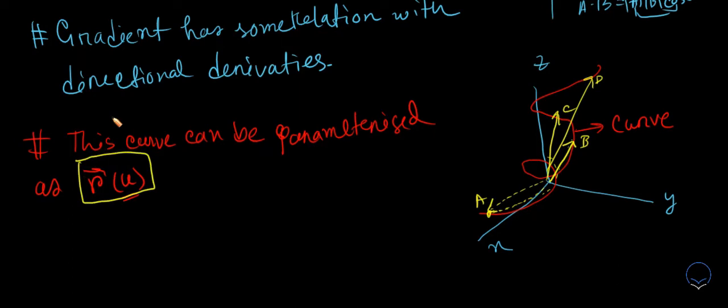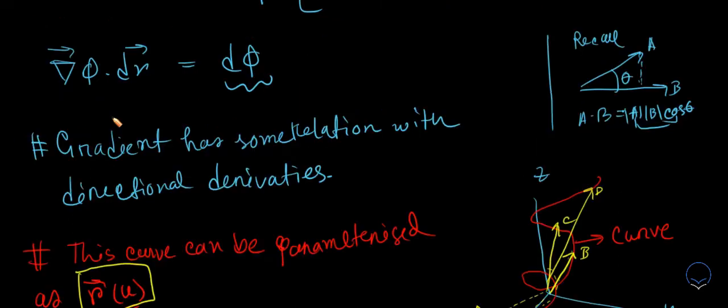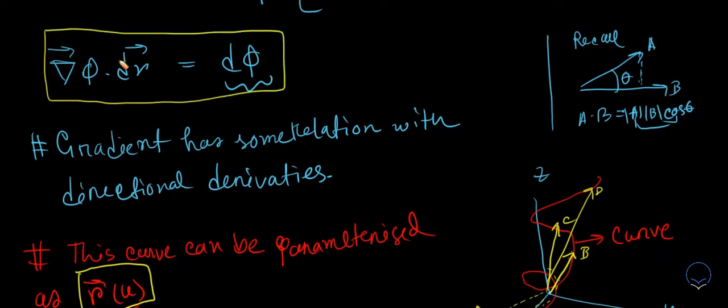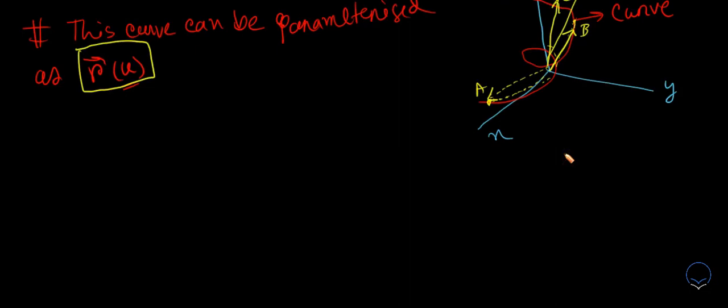So now we're going to use this relation that we just saw over here. This will be pretty helpful. And now, since we are considering the curve, this dr will actually mean a change in the curve. That means if someone starts from, let's say, point B and goes a very tiny distance on the curve, the displacement between these two points will be denoted by dr. Okay, so now let's use that relationship to our advantage.